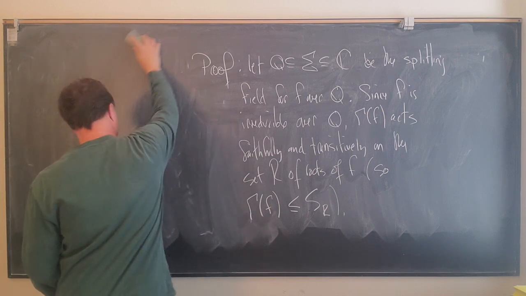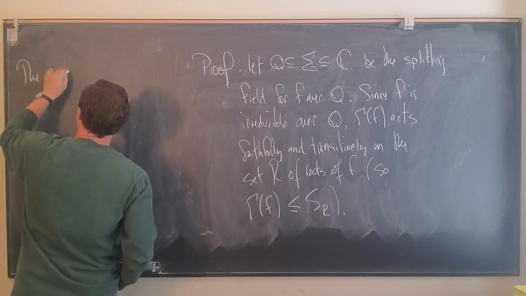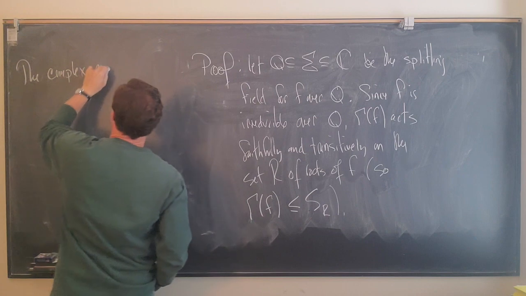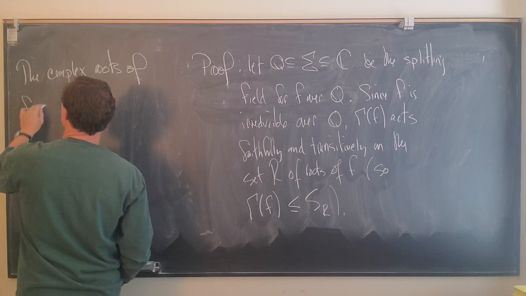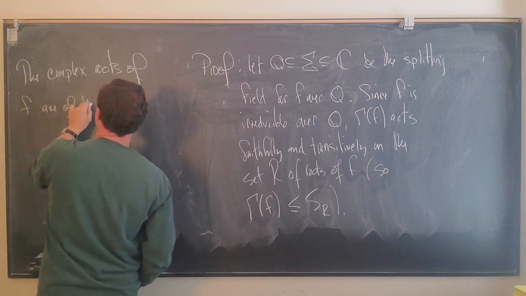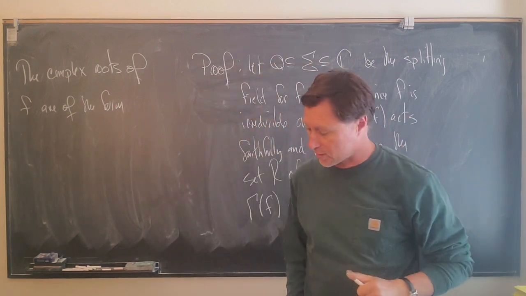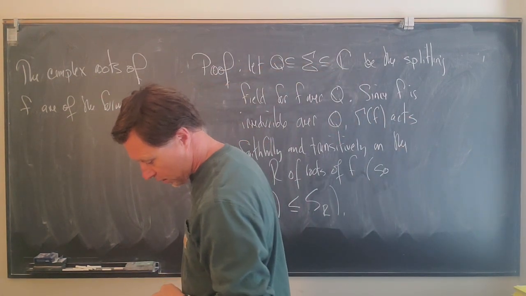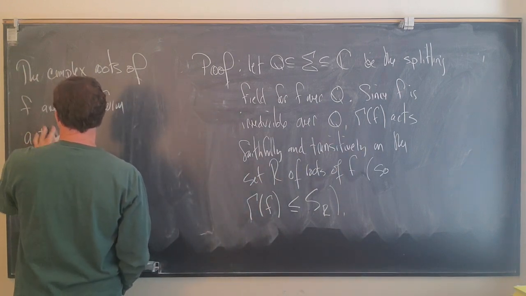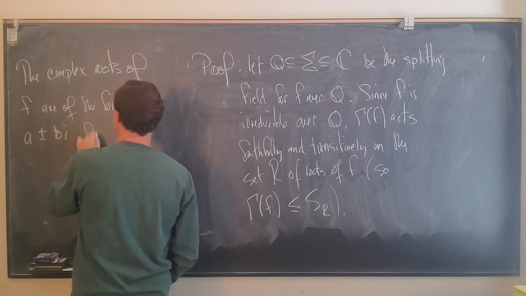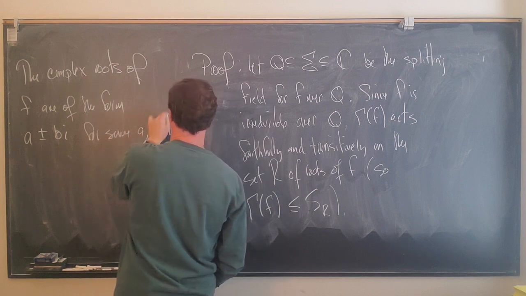Now, we know that we've got exactly two complex roots. Remember that the complex roots of a polynomial come in complex conjugate pairs. And so let's write them so they are of the form a plus or minus bi for some real numbers a and b.